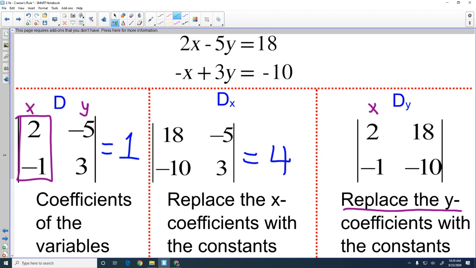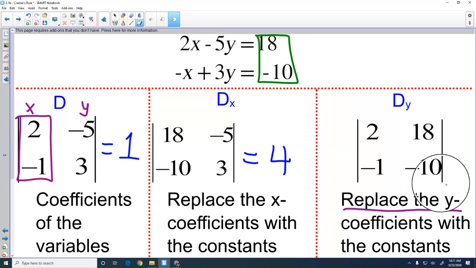What we're doing instead is replacing the y coefficients with 18 and -10. You'll recall that those are just the constants from our equation. So I'm plugging in an 18 and a negative 10 in place of the negative 5 and the 3 from the y coefficients. So for the y matrix, you replace the y coefficients with the constants.